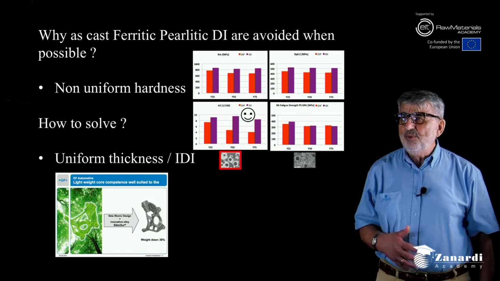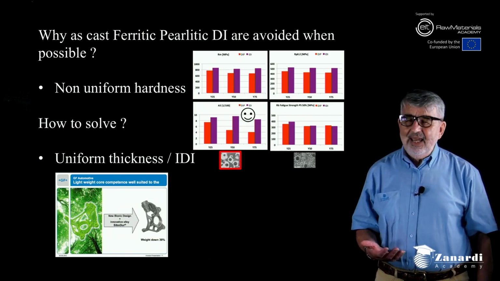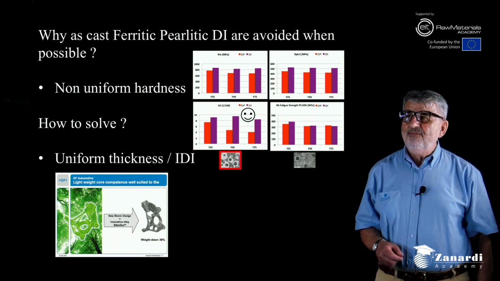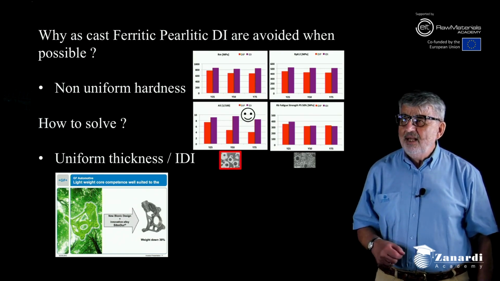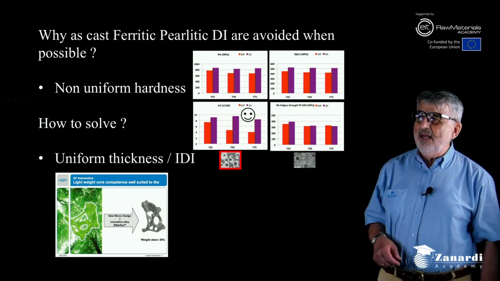So this means to produce a cast ferritic ductile iron, and to obtain the pearlite through a very fast cooling, obtained by quenching into a salt bath.